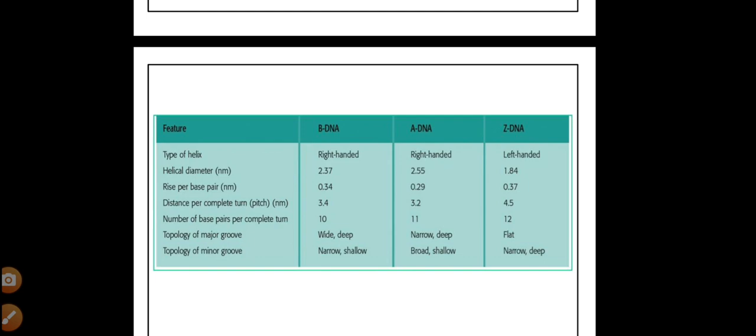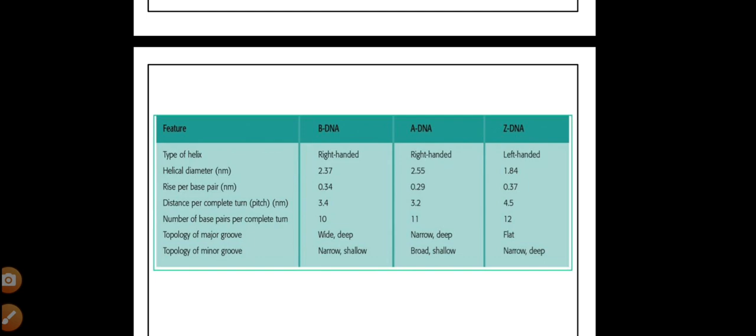The complete turn in A DNA makes a length of 3.2 nanometers, and in Z DNA that is 4.5 nanometers. For the number of base pairs in a complete turn, there are 10 base pairs in B DNA, whereas A DNA has 11 base pairs, whereas Z DNA has 12 base pairs.